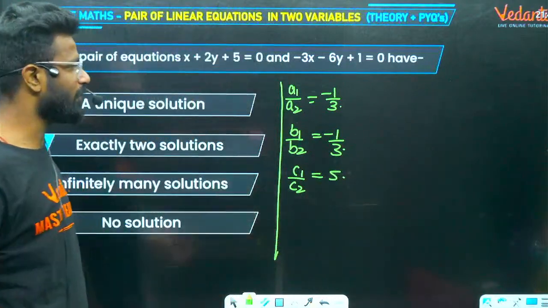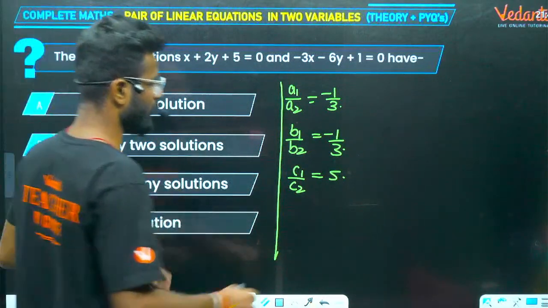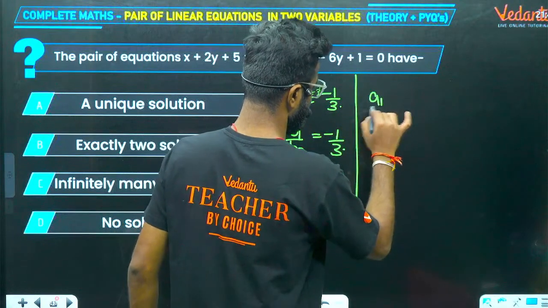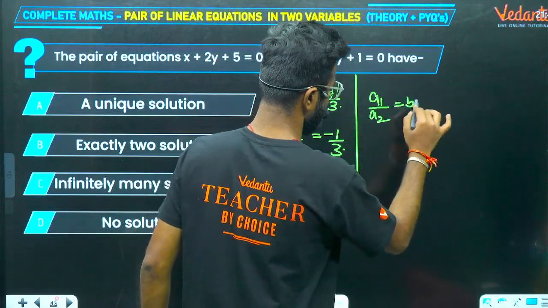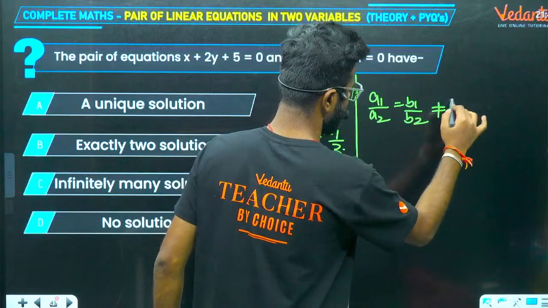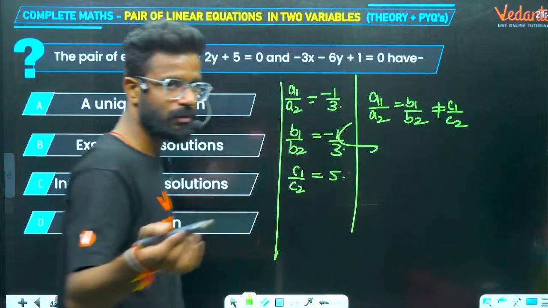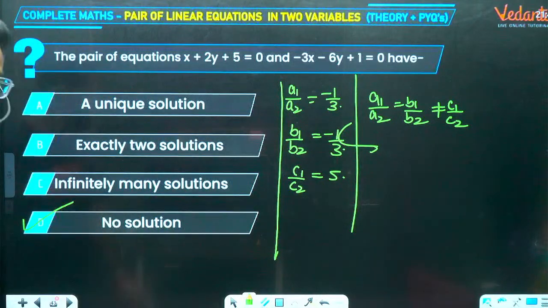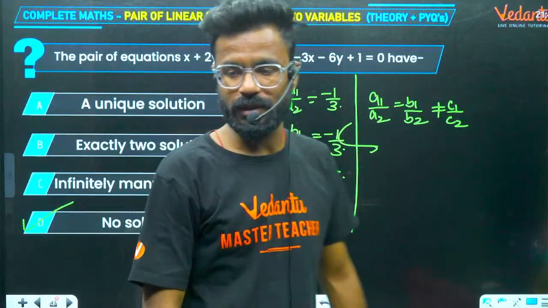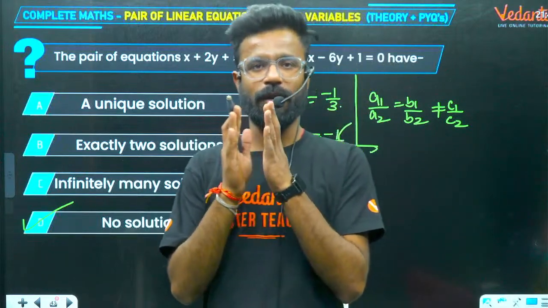So here A1 upon A2 is equal to B1 upon B2, but it's not equal to C1 upon C2. This is the condition for parallel lines, and parallel lines have no solution. Very good, Bhavani.